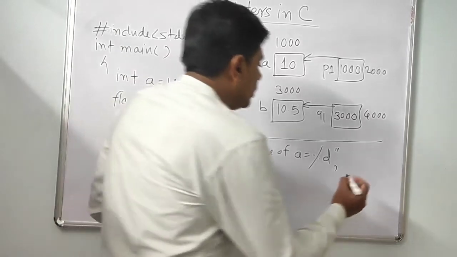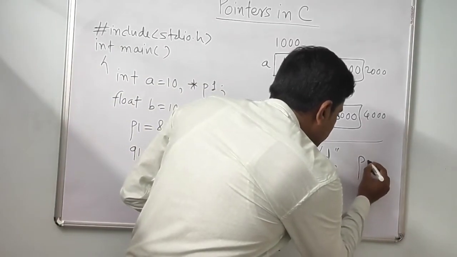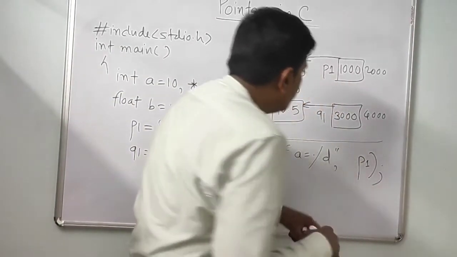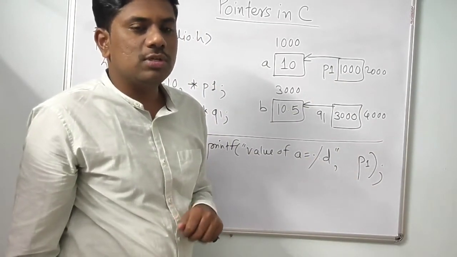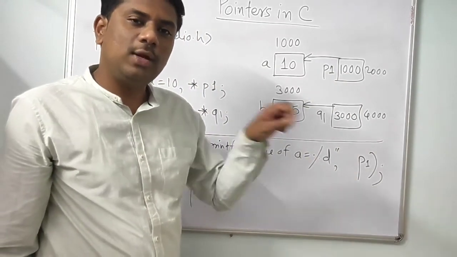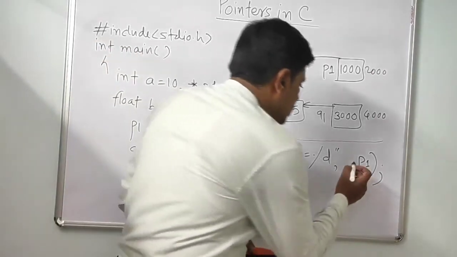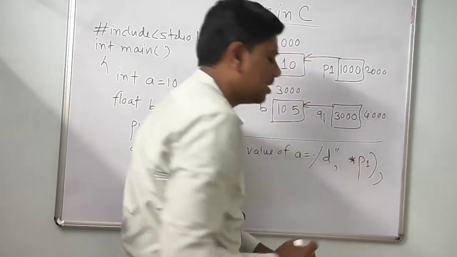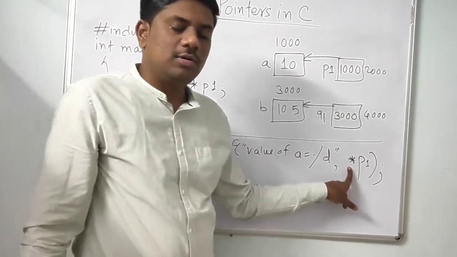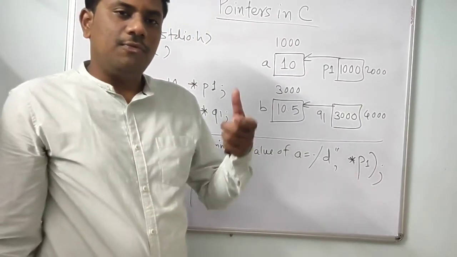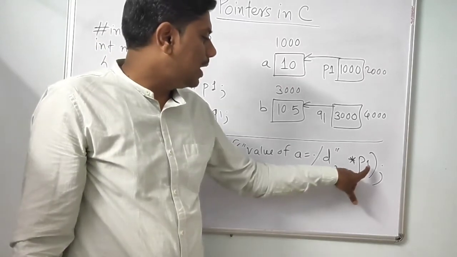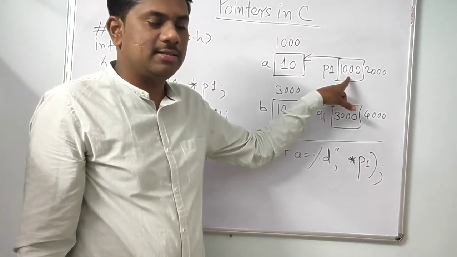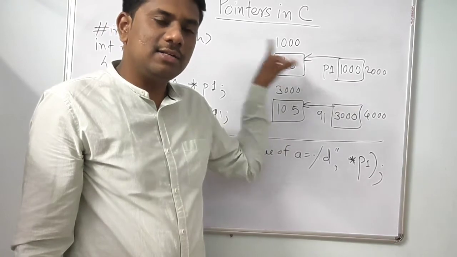So see what I'm doing. p1. What is p1 right now? 1000. I am not interested in 1000. I am interested in the value at 1000. So for that purpose, I need to use star. The use of star operator is value at address. p1 is the address of a.